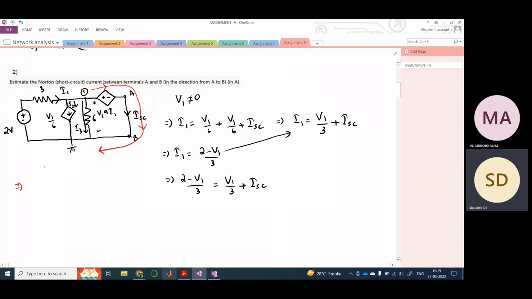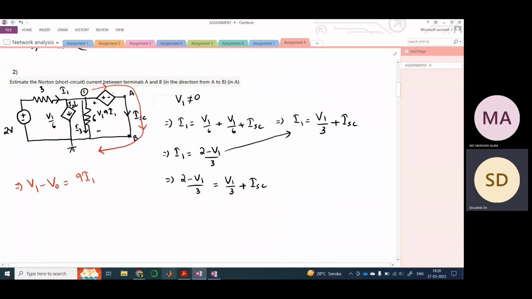This is related by this dependent source voltage, because it is present between V1 and 0 through this AB path, right? So what would be V1 minus V0? It would be 9I1, okay?